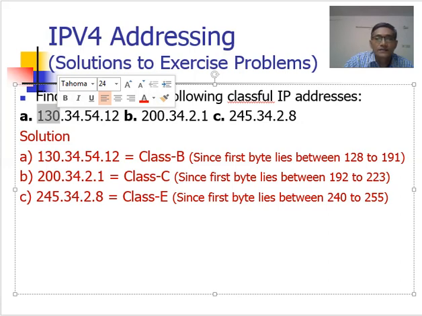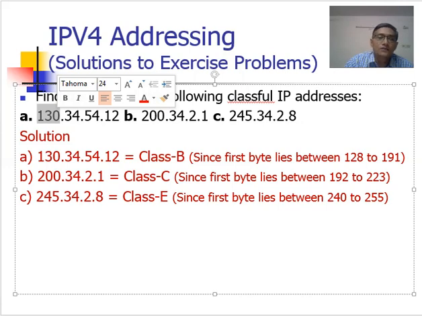So in those 7 bits, the combinations possible run from all 7 bits 0, that is the starting network address, to all 7 bits 1, which is the last network address. So from all 7 zeros to all 7 ones, there are totally 128 addresses possible. So 0 to 127 will be the range of class A addresses.